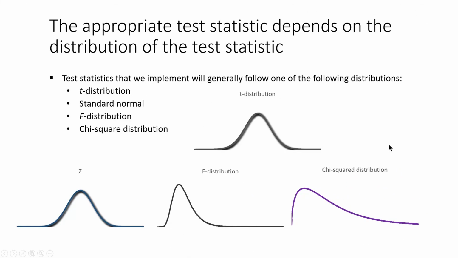Now, there are different distributions depending on what we want to test. The t distribution is the one we're going to use the most, but don't forget about the other distributions. We have a z distribution, which is the standard normal. We have the f distribution, which we use when comparing variances, and we have the chi-square distribution when we're testing a single variance. The t distribution will approach a normal distribution, but never quite get there as the degrees of freedom increase.